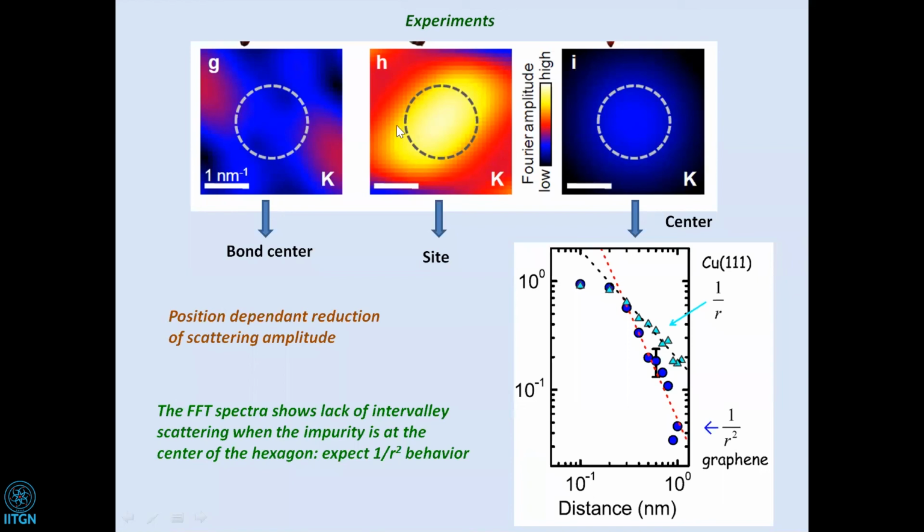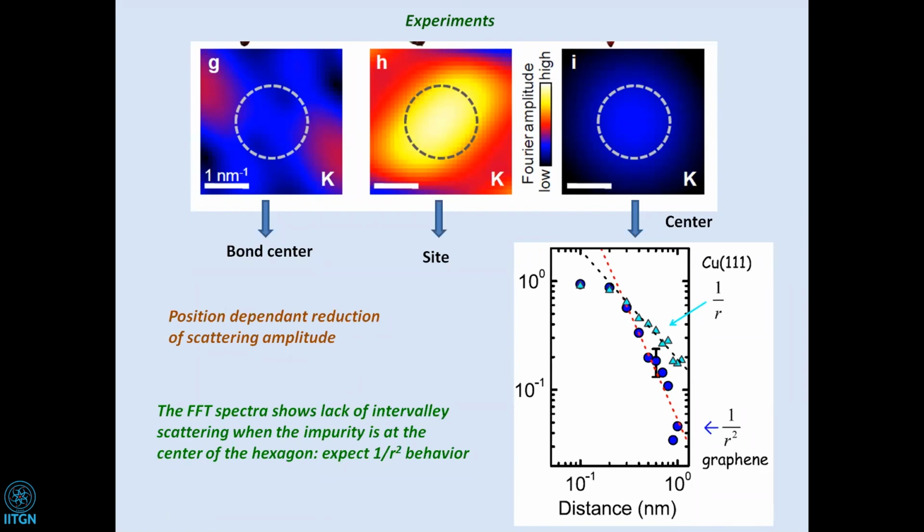And another when it's on site, where this is small at the center, but it increases as you go out. Now these two can be related to a 1 over r dependence, which is typically when the impurity resides on the graphene electron on site, and a 1 over r squared dependence, which typically shows up when the impurity resides on the center of the lattice of the graphene hexagon.